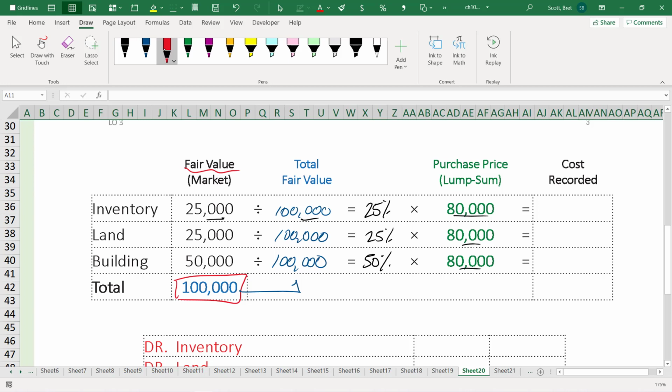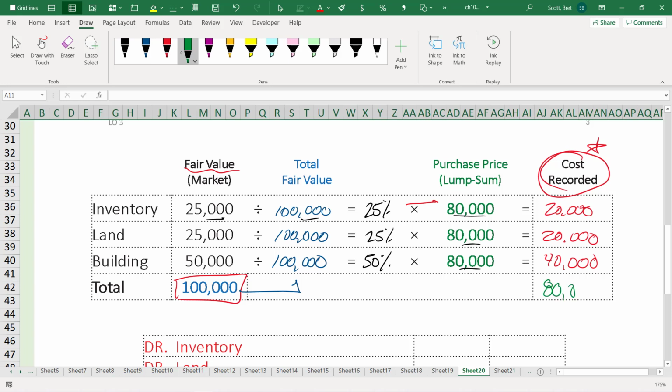And when we do that, we can say that 25% of 80,000 is $20,000, 25%, $20,000, and 50%, $40,000. This is the true cost of each individual item when we allocate based on the percentage of total fair market value.